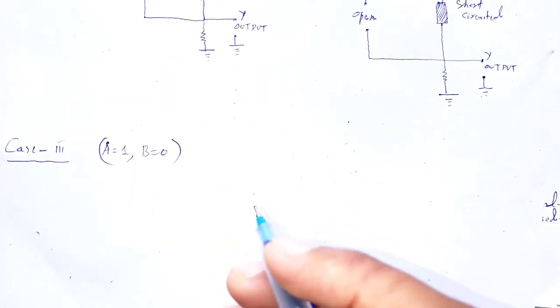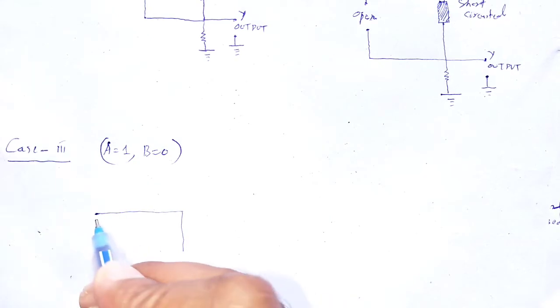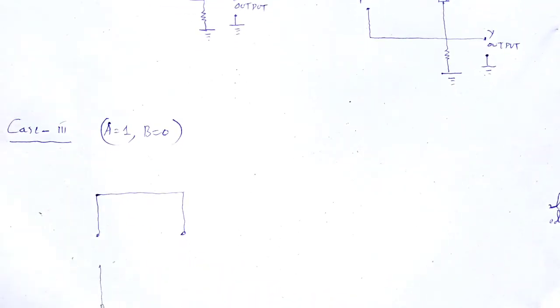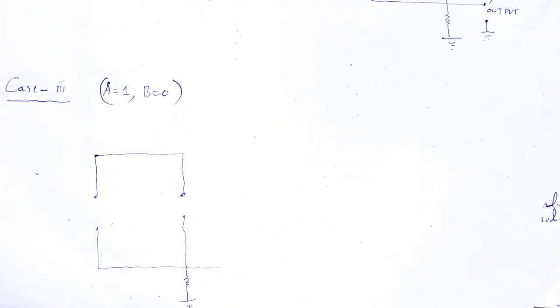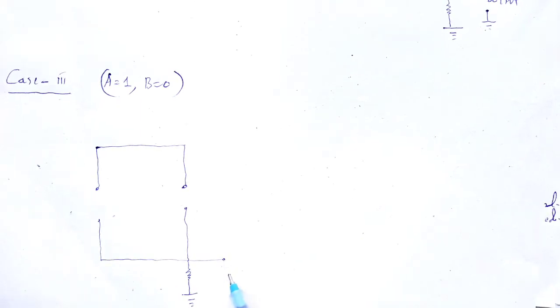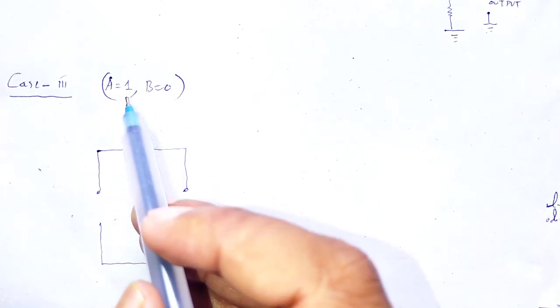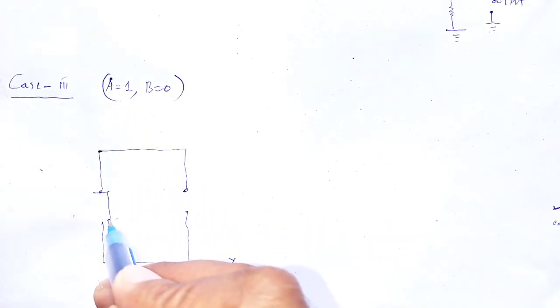In the figure, Y as output, A is equal to 1, so that portion is short circuited.